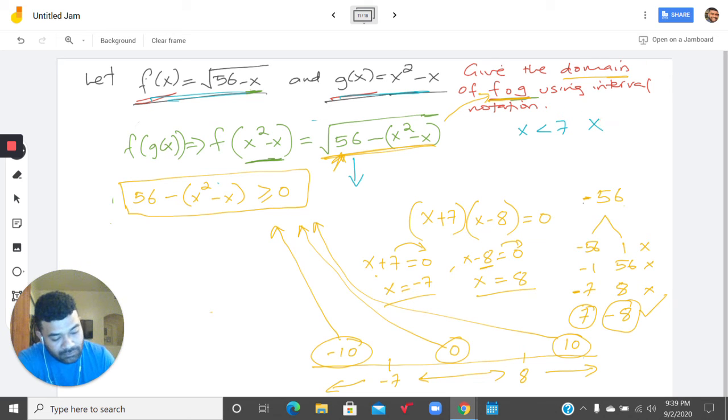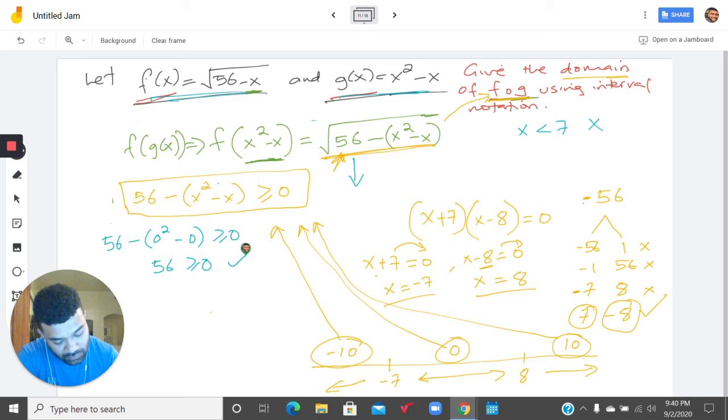Now let's look at between negative 7 and 8. So I chose 0. When I plug the 0 in, 56 minus 0 squared minus 0 greater than or equal to 0. 0 squared is 0, minus 0 is 0, 56 minus 0 is 56, so 56 greater than or equal to 0.